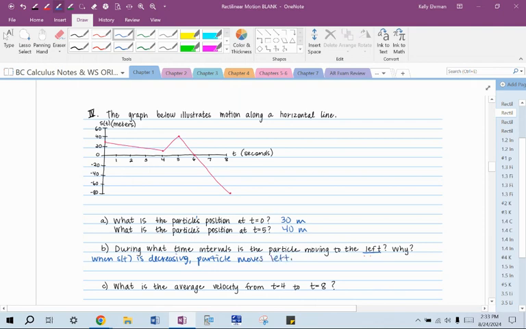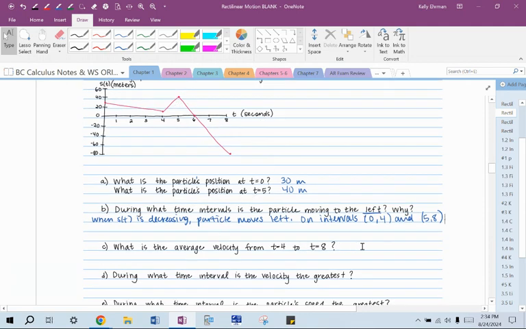So what time intervals does that happen? There are 2 of them. So we've got on the intervals 0 to 4 and 5 to 8. Parentheses for all of these because the turning points don't count as increasing or decreasing.